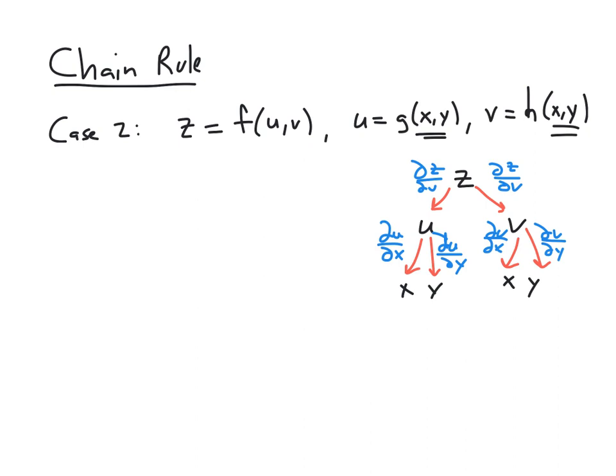So when we go to write the chain rule, we have to compute two different derivatives. There are going to be two partials to compute: del z, del x, and del z, del y.